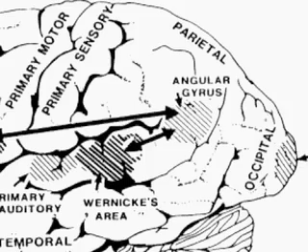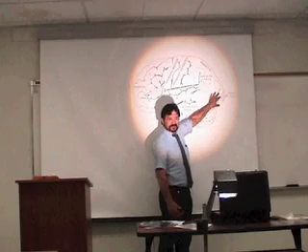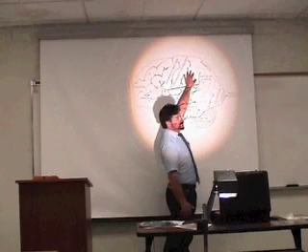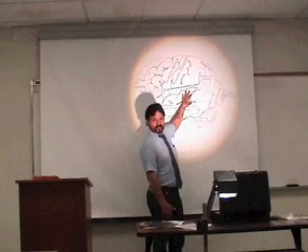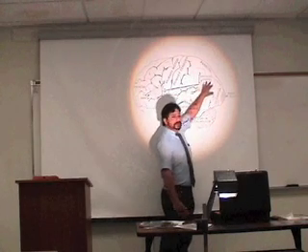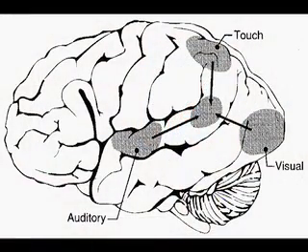This is conveniently located, so it sits at the junction of vision and body sensation and auditory input. This recently evolved tissue, unique to humans, sits at the junction of the visual, auditory, and parietal areas.